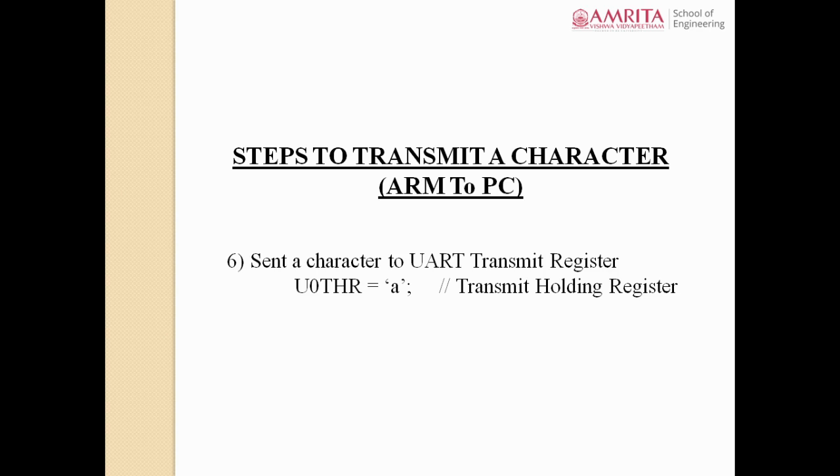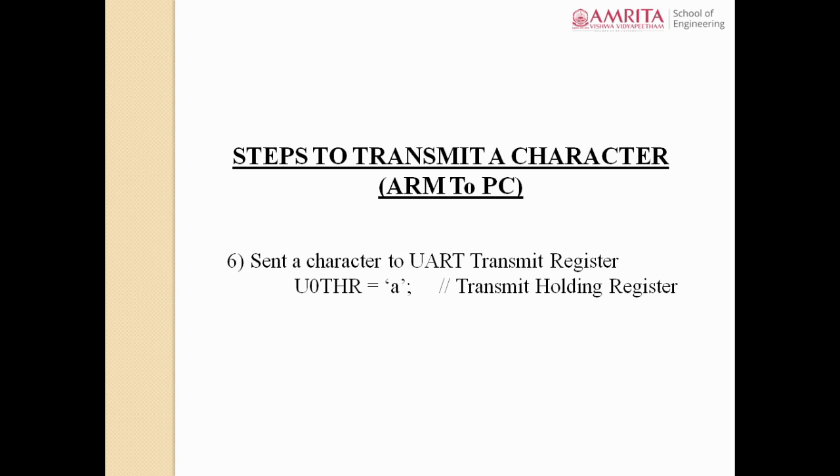Before sending a character, parallel data, to the shift register, you should check whether the shift register is empty or not. Because if UART is performing the conversion, some data will be present in the shift register, and whenever it is given a clock, the bits will be going out one by one.